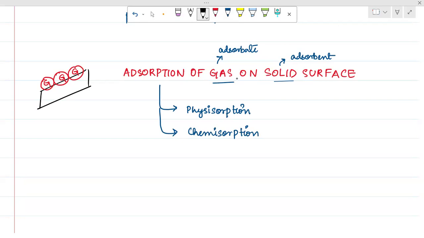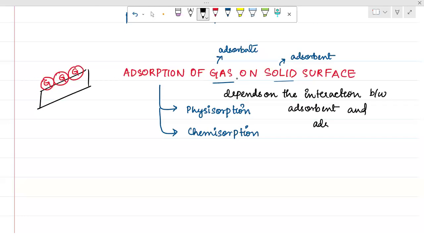It depends on the interaction between adsorbent and adsorbate. Okay? There are two. Now we have to learn the differences between physisorption and chemisorption. Very important. You get a lot of questions from this.